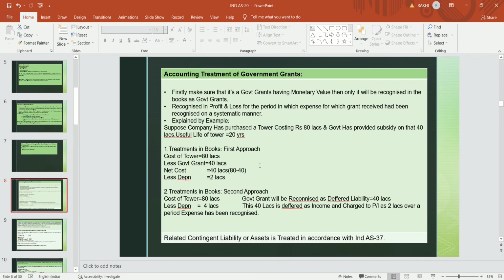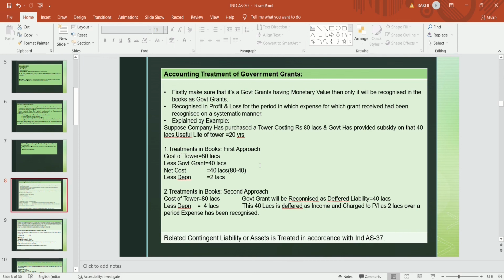If any private or public company is giving any kind of benefit to the company, it's not a government grant. The grant is to be received from the government only, it has a monetary value, and there is reasonable assurance that the company will fulfill the condition and the grant will be received. Then only will they treat that benefit as a government grant in its financial statements.